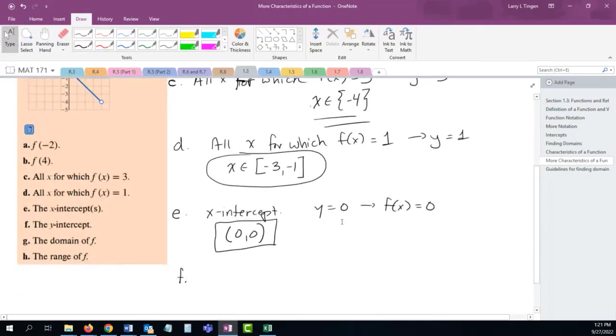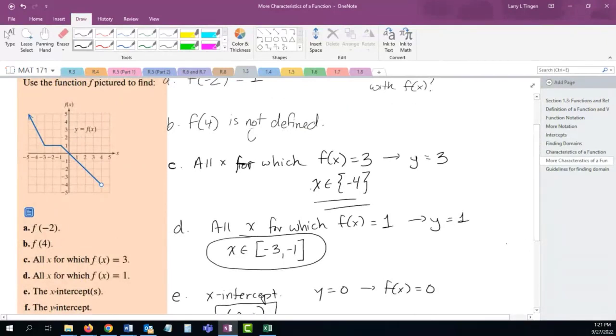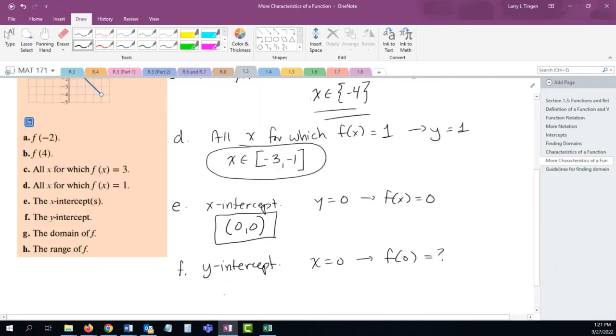So where's my y-intercept? The y-intercept is when x equals 0, or in other words, f of 0. Well, I only get one of those, and where is it? It's the same place. This is the only time these are going to repeat.